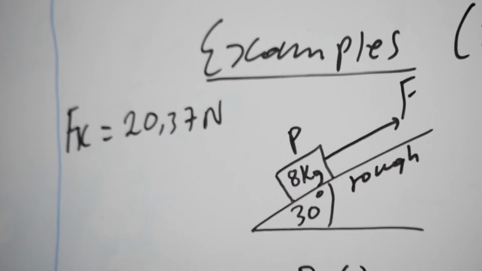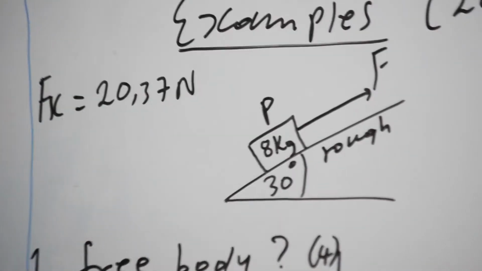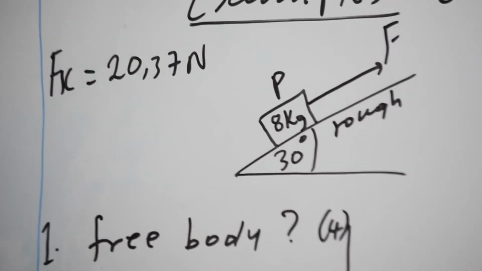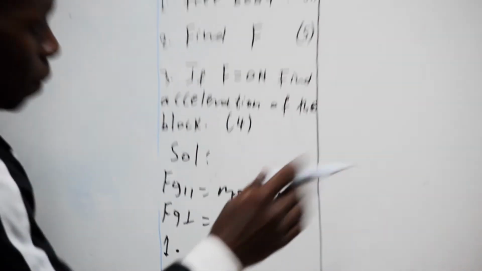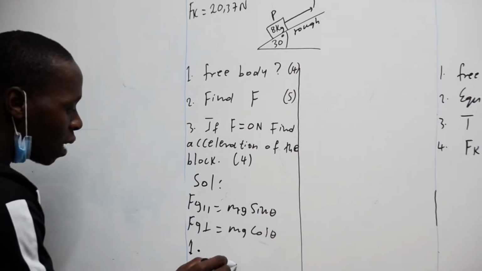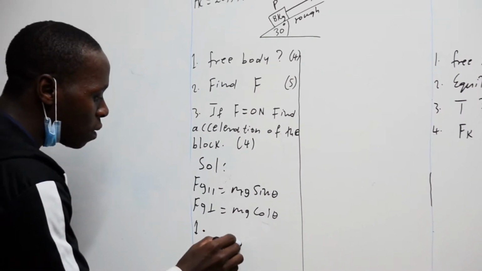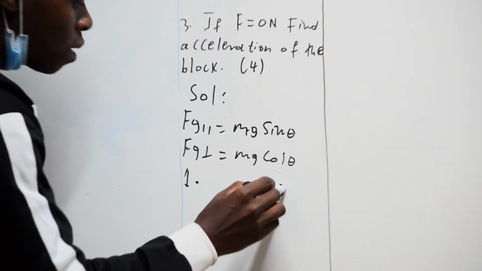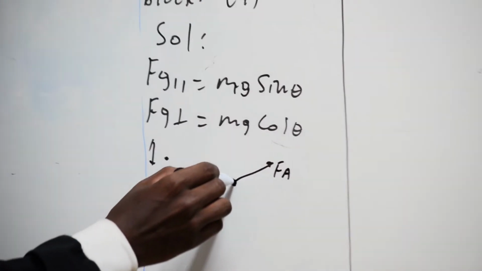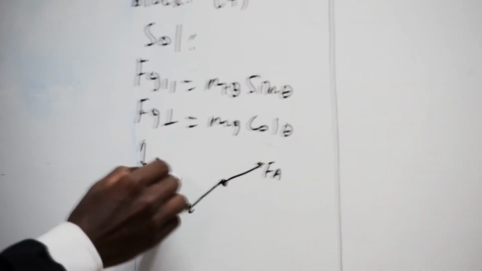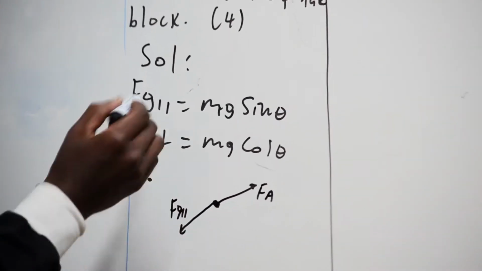So coming to number 1, they require us to draw a free body diagram. On the incline, we look at FA. There's FA and the force FG parallel is always there, it's always going down.